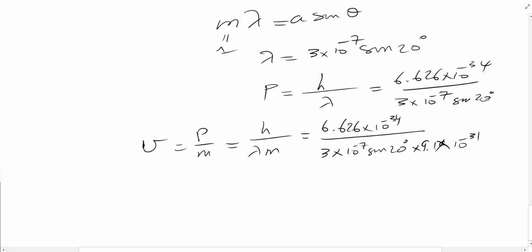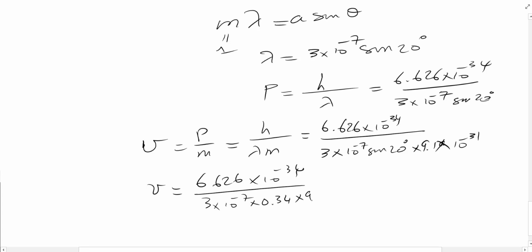Okay, quick order of magnitude. Sine of theta is less than 1, of course, but we really need a number in here. What is sine of 20 degrees? Because it's going to matter a little bit later on. Sine of 20 degrees is 0.34. So the velocity is 6.626 times 10 to the negative 34 divided by 3 times 10 to the negative 7 times 0.34 times 9.1 times 10 to the negative 31.